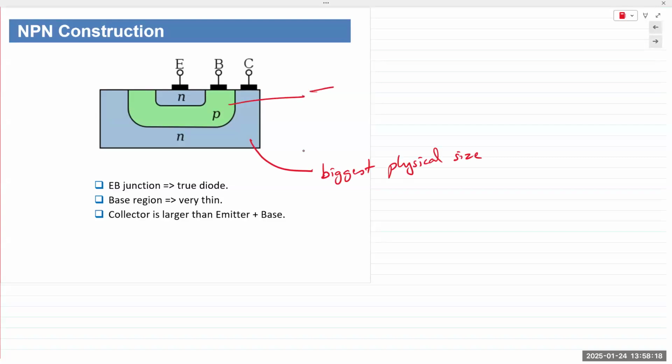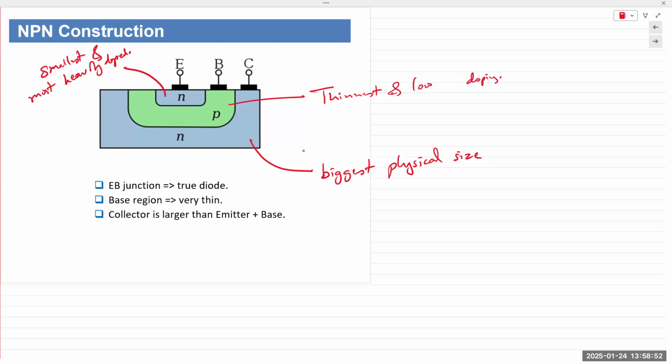The base is by far the thinnest and has the lowest doping. Emitter is the smallest and the most heavily doped.